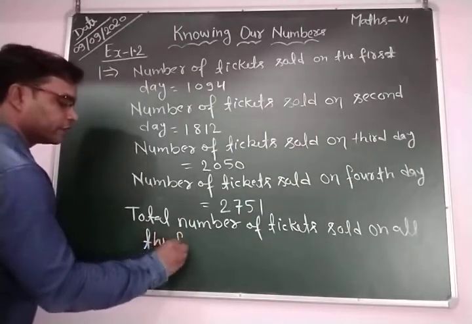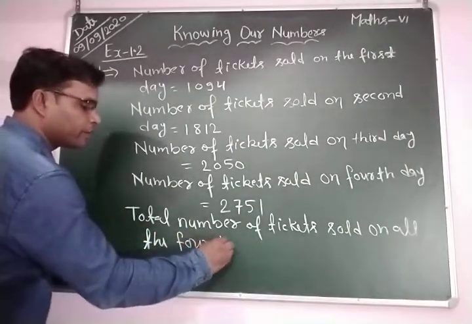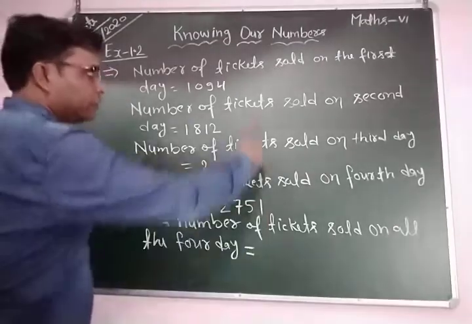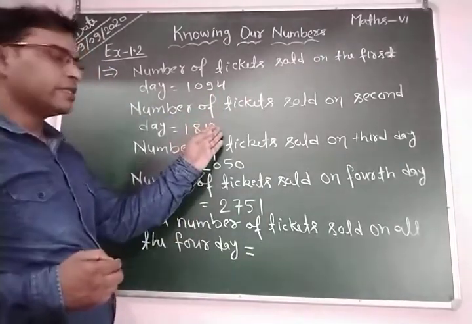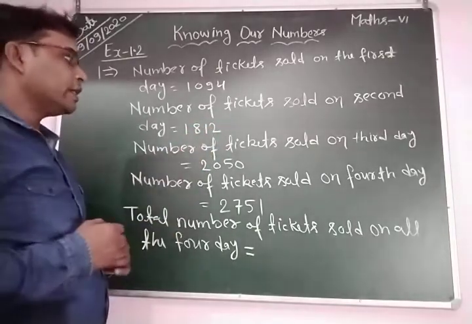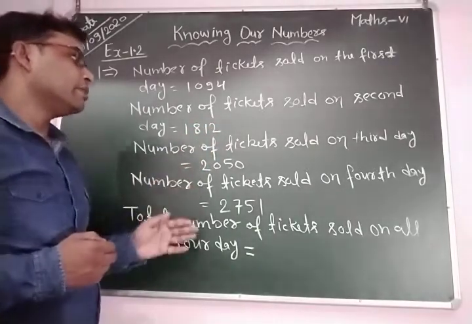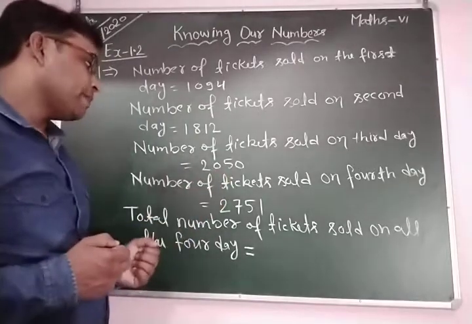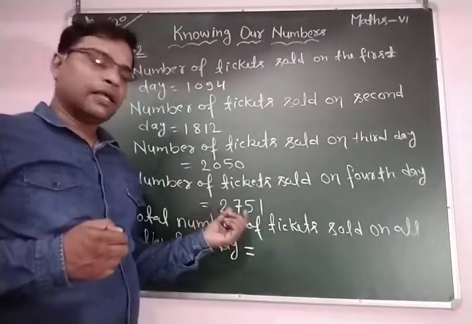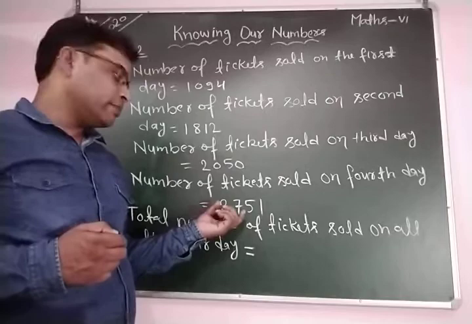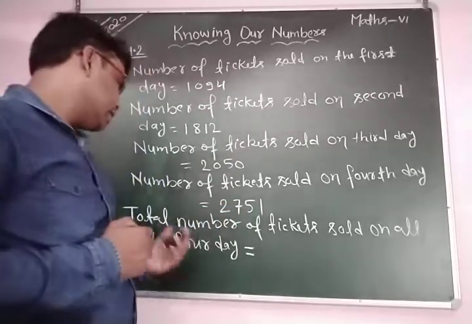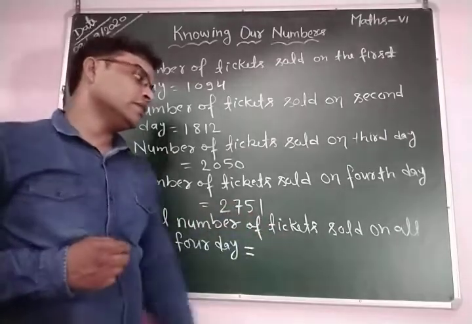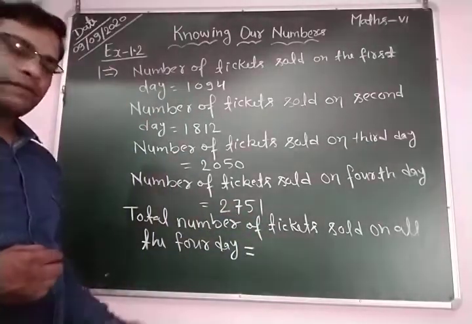The first day 1094, second day number of tickets sold 1812, third day 2050, and fourth day, the final day, number of tickets sold 2751. So you need to find the total number of tickets sold on all the 4 days.